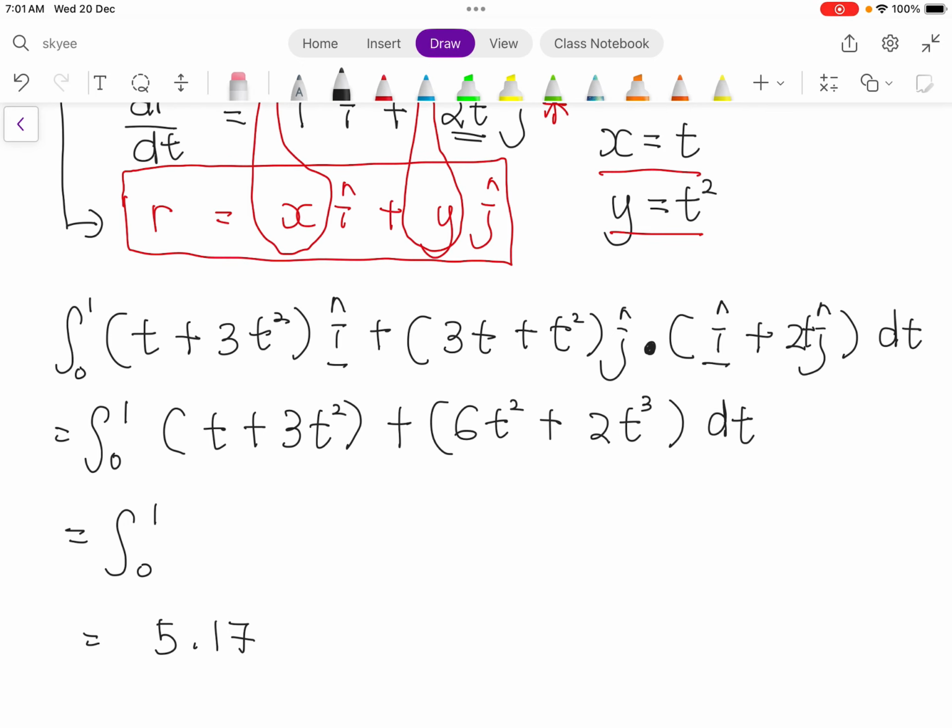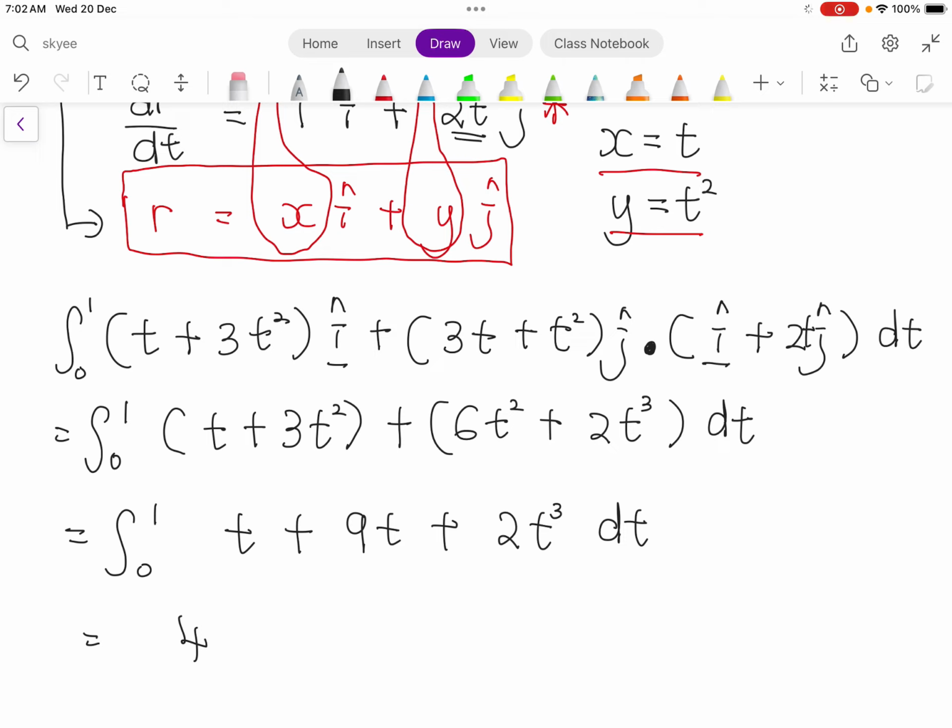So you will have the t plus 9t squared and plus the 2t cubed and dt. So the answer should be equal to 4.